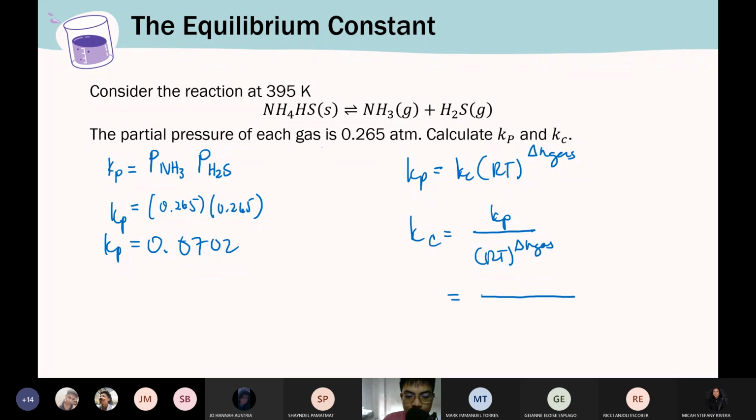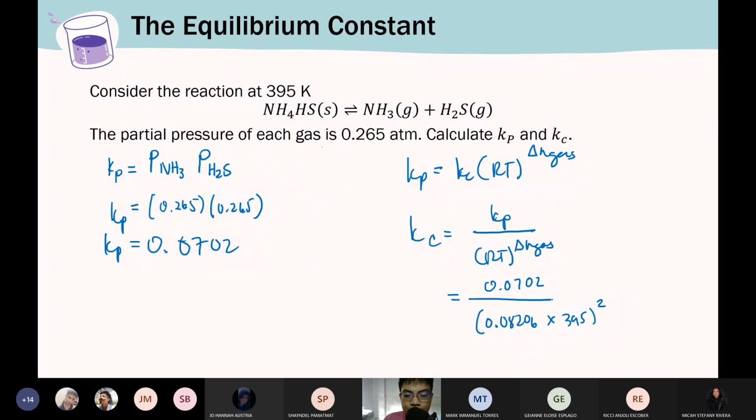What's Kp? The one you solved, 0.0702. And then RT, so that's 0.08206. What's the temperature? 395. And then the delta n gas. What's the delta n gas? That's 2. Why did it become 2, sir?